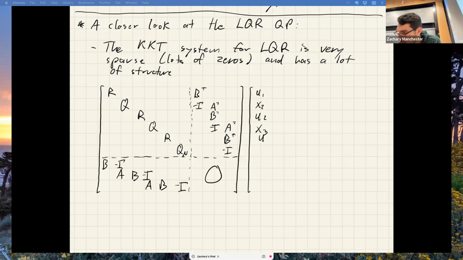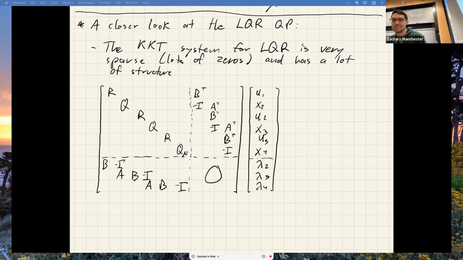A few time steps there, and then we're going to get lambda 2, lambda 3, lambda 4. Note I have one fewer lambda, right? Because the constraints are in between the time steps.